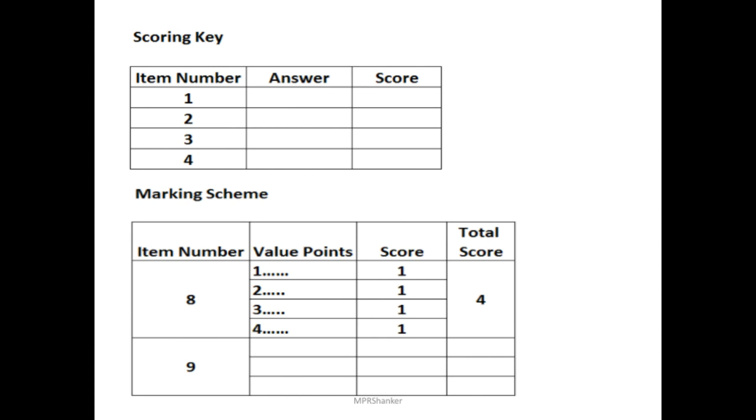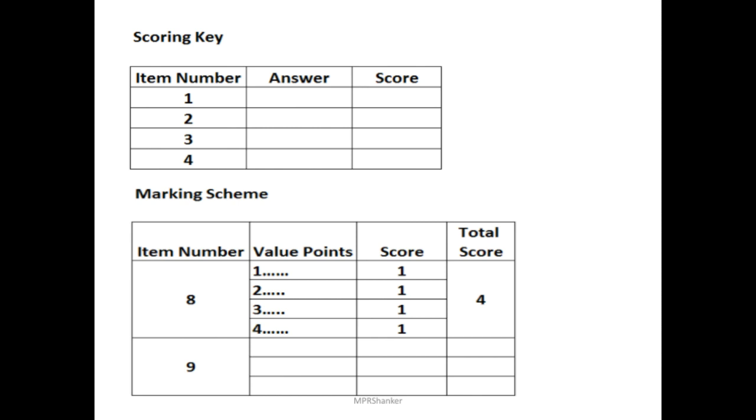In the marking scheme, if we think that the eighth item in the test paper has a total of 4 marks, then the teacher has to mention the value points based on which the child will score the 4 marks. Here we can see the eighth question has 4 value points, each value point having 1 mark, and the total score is 4.